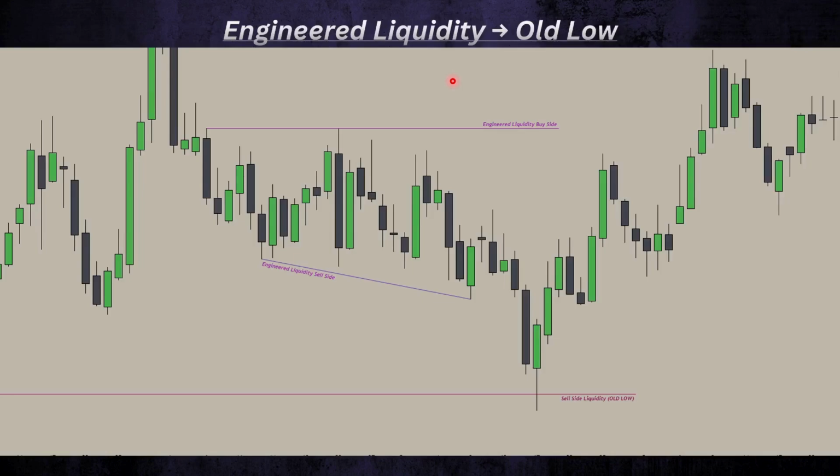Part 2 is where we break down engineered liquidity the way it's meant to be understood. Why the algorithm builds it, how it uses it, and how you can start recognizing it before the move happens. But for now, this example gives you the perspective that makes the whole thing make sense. The deeper layers come next.